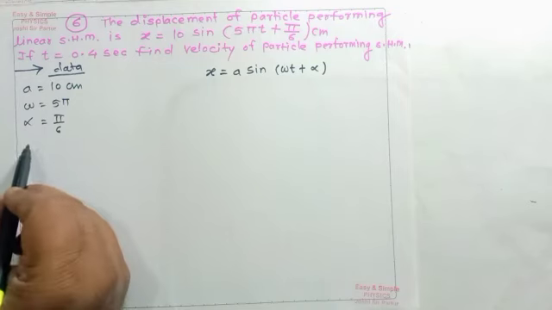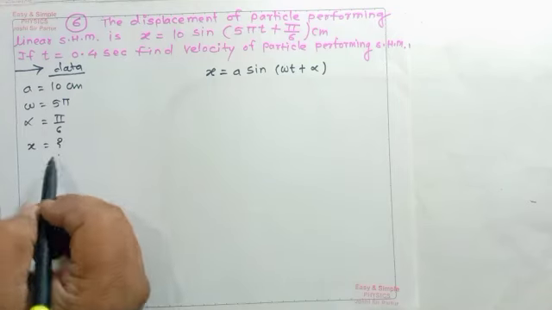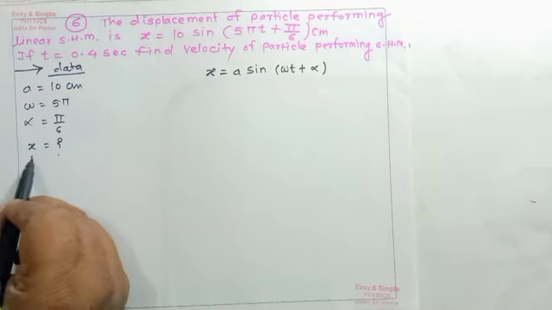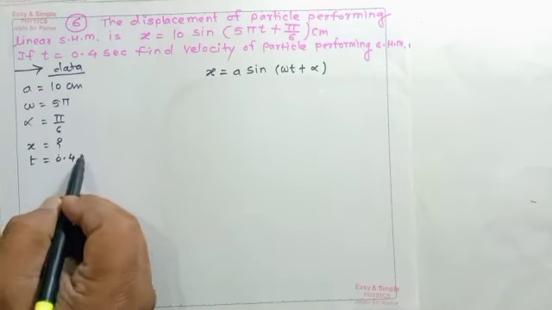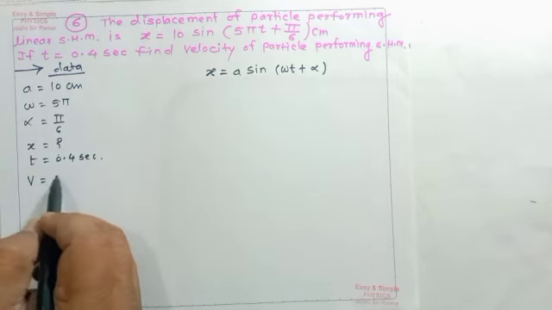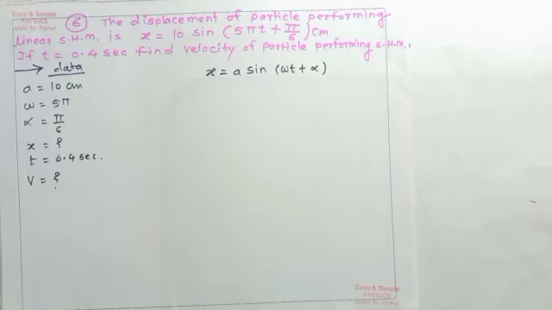We can first find out x when time is given 0.4 second, and again we can find out velocity v.